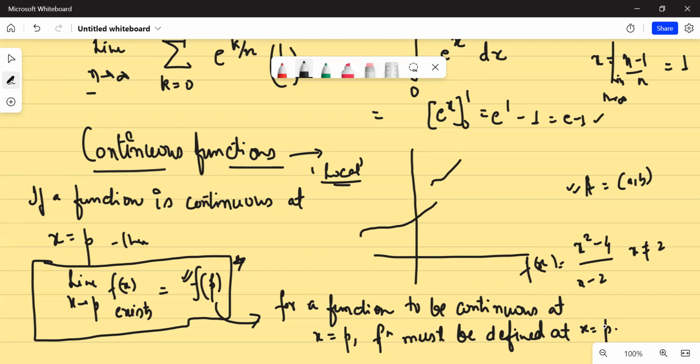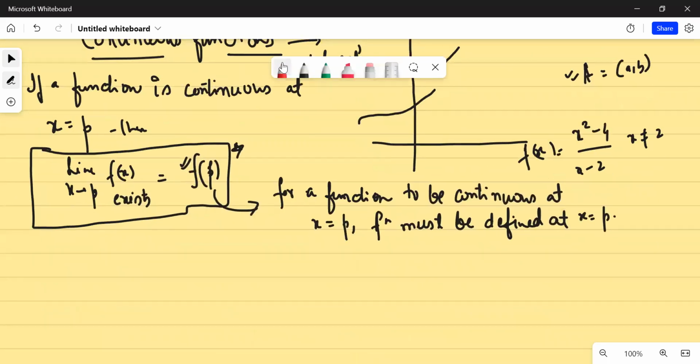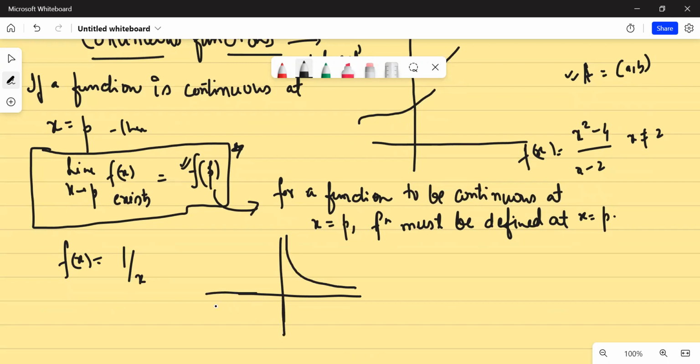The second point that I need to mention is, let's say, what about f(x) equal to 1 over x? Even before I make the graph, as x tends to 0 from the right, your 1 upon x would go towards infinity, and as x tends to 0 from the left, it would go towards minus infinity.